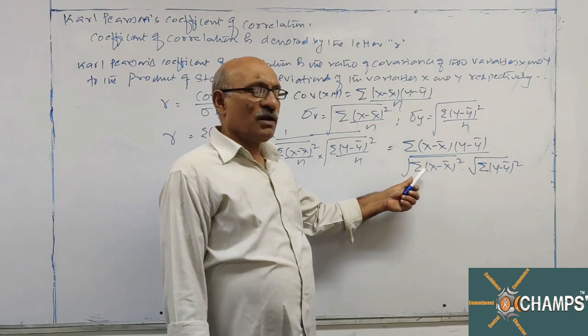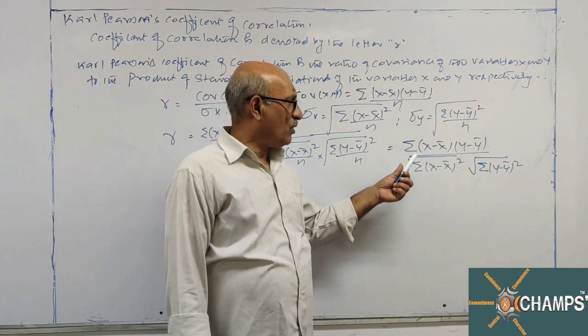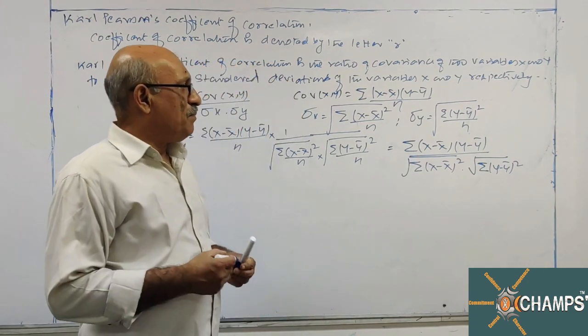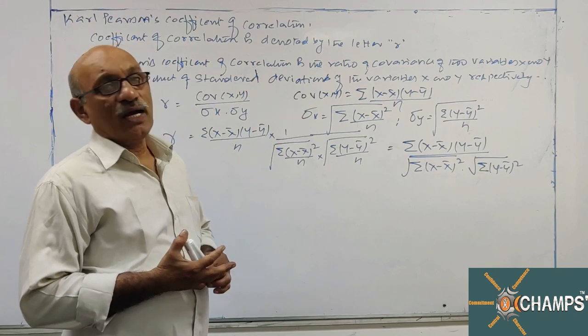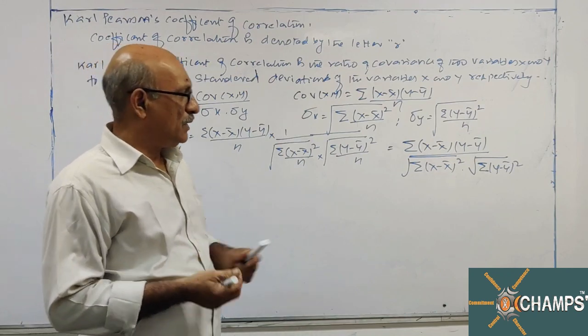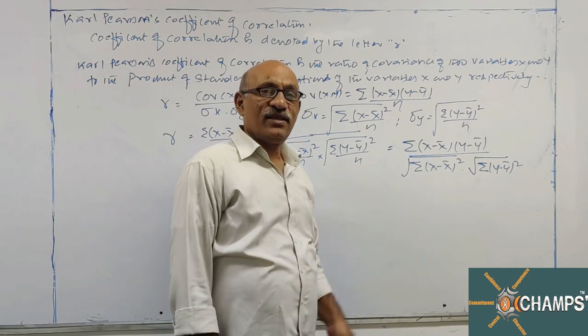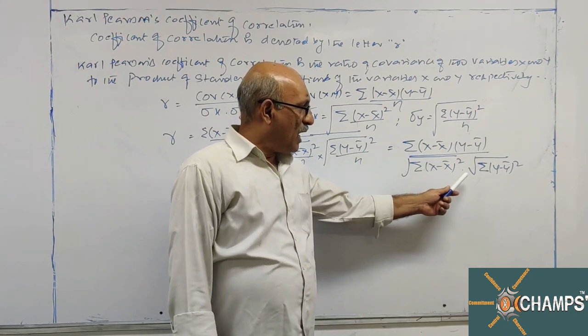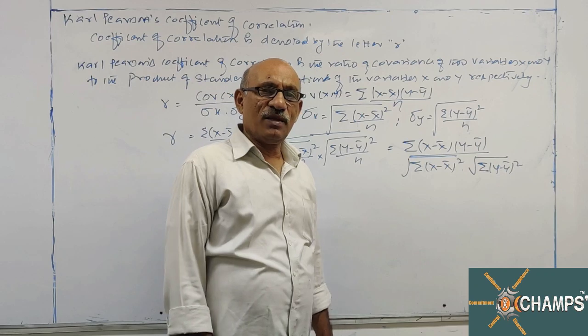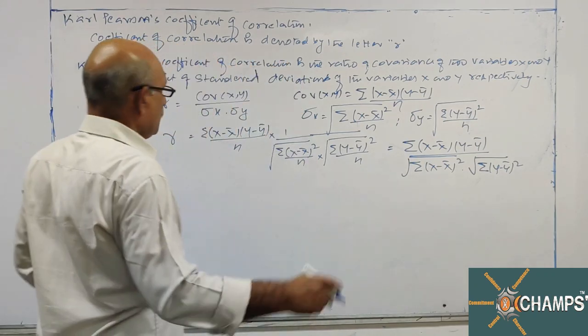So there is another formula for finding out the correlation. Summation of x minus x bar into y minus y bar divided by under root of summation of x minus x bar whole square and summation of y minus y bar whole square.